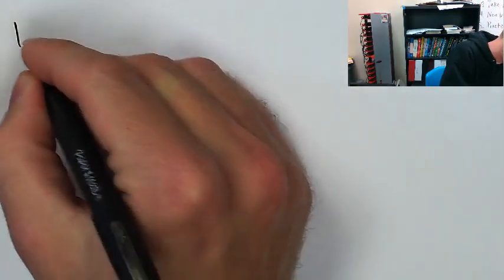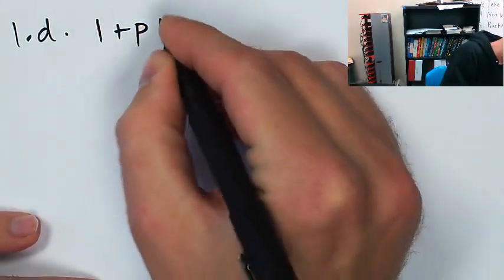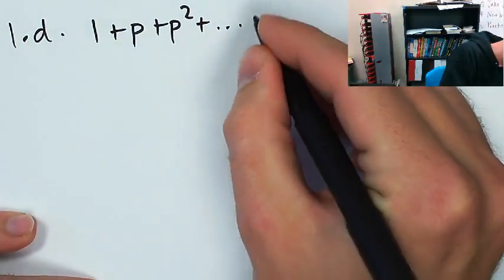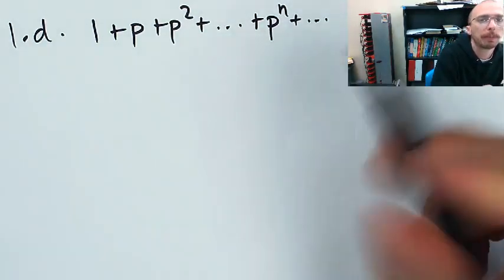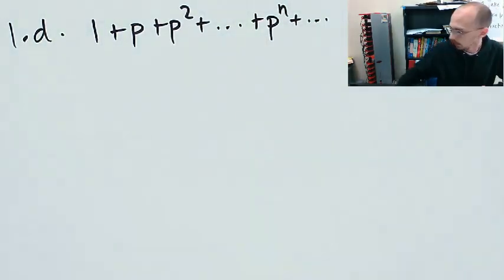For D, I've got 1 plus p squared plus p to the 3 plus p to the 4 all the way up to p to the n and beyond. All right, if we've got a number to the nth power, that's a geometric series scenario.